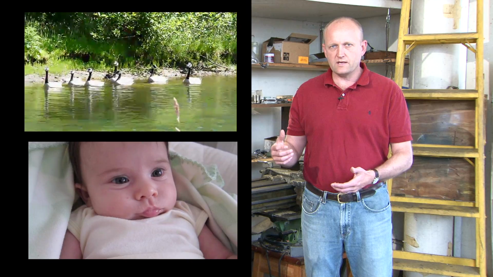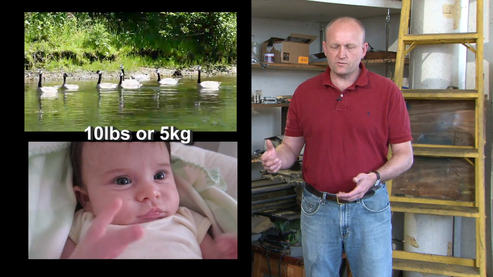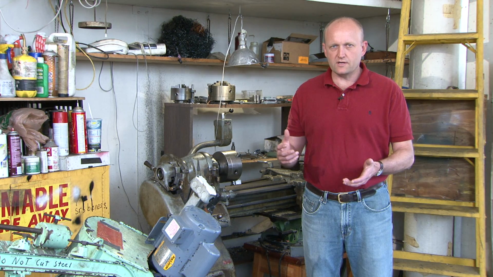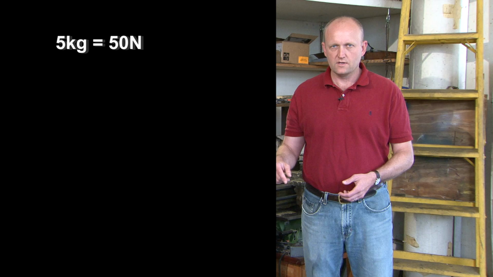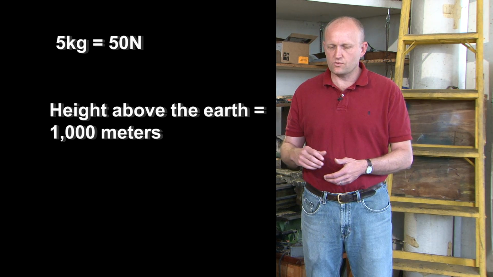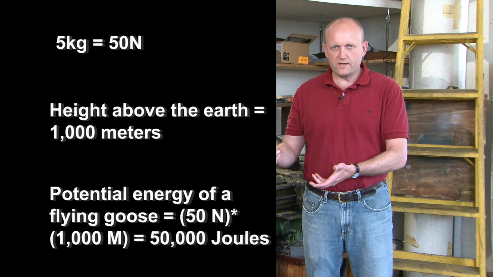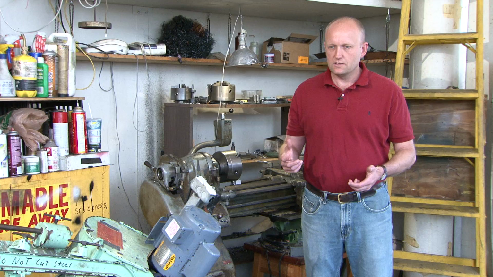So maybe I'll estimate that a goose weighs 10 pounds or 5 kilograms. So I figure 5 kilogram goose, that's 50 Newton goose here on Earth, because acceleration due to gravity is about 10 meters per second squared. So I multiply those 2 and I get 50,000 joules. That's a lot of energy, I guess.